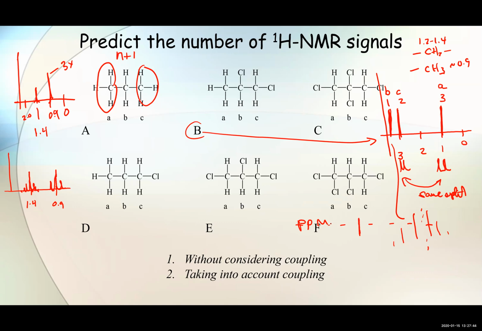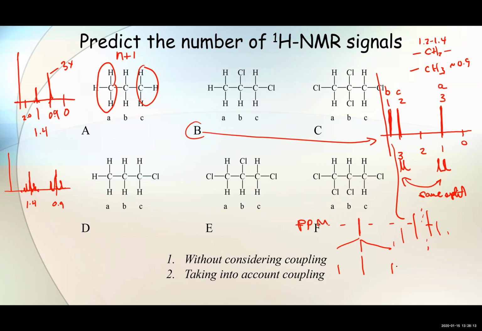So what's going to happen, very likely, is it's going to split up into a triplet like this. Middle one's going to be bigger, and then the side ones like this. And then each one of these could get split into a quartet. So the signal from this guy gets split to a triplet by this guy, and then each one of those triplets gets split to a quartet.